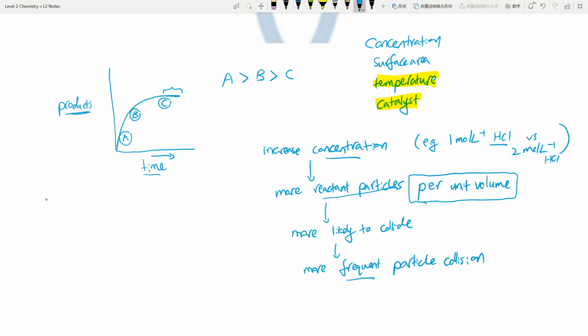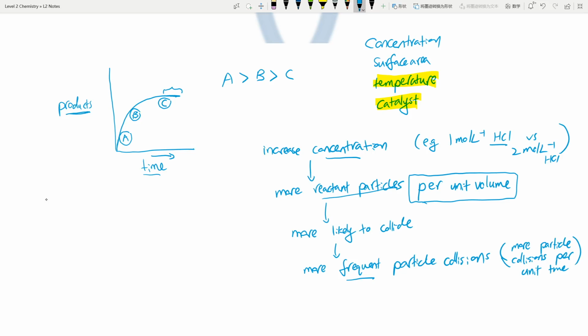Frequent means you have included the time already. So higher frequency of collisions, more frequent collisions, is equivalent to more particle collisions per unit time. These two are equivalent, and this is something they tend to look for, especially in year 11. In year 12, they do look for these as well.